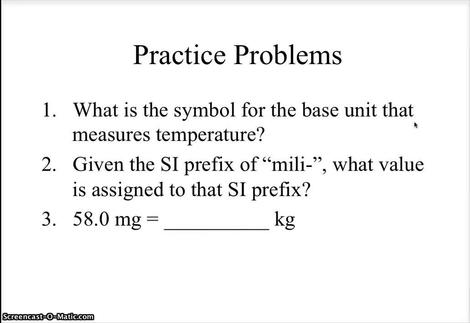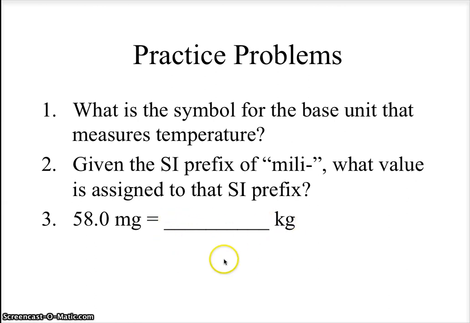And then number 3, 58.0 milligrams is equal to some value in kilograms. Notice that this equation has the equal sign, which means that the value on the left of the equal sign is going to be equal to the value on the right.